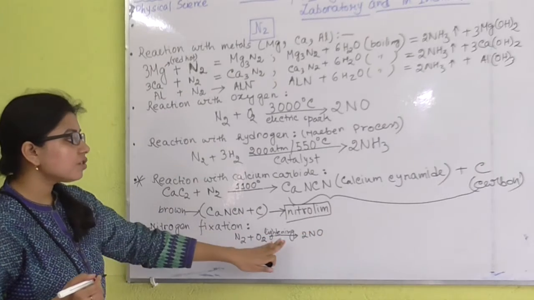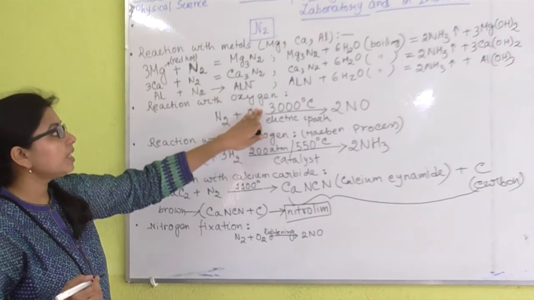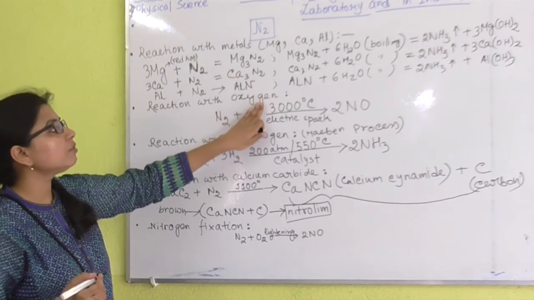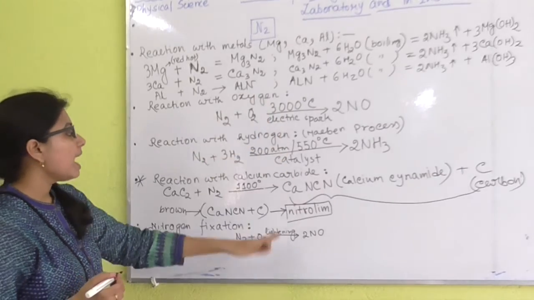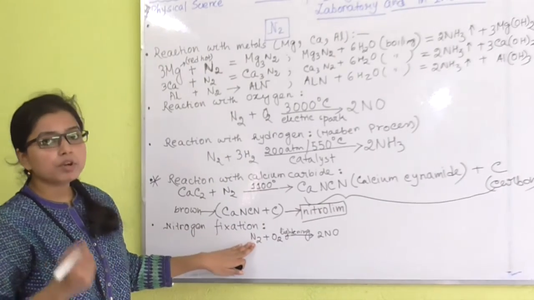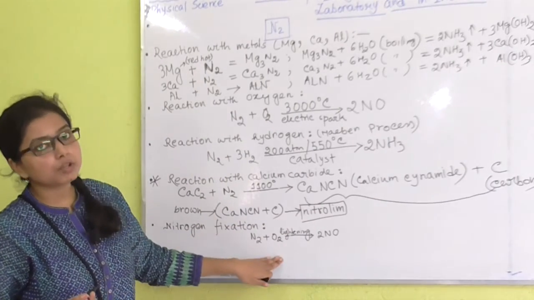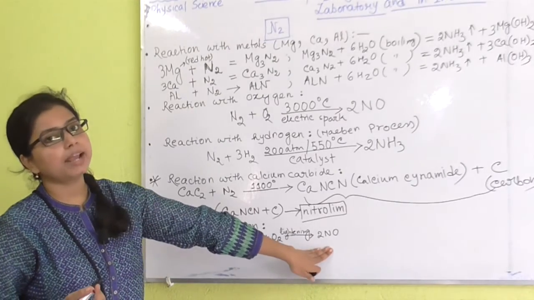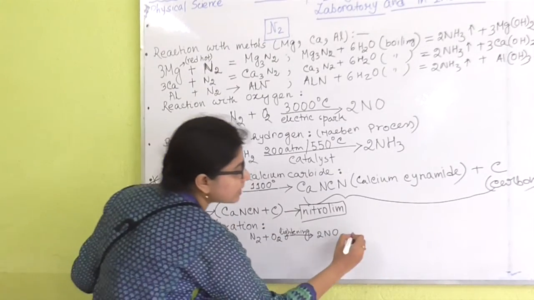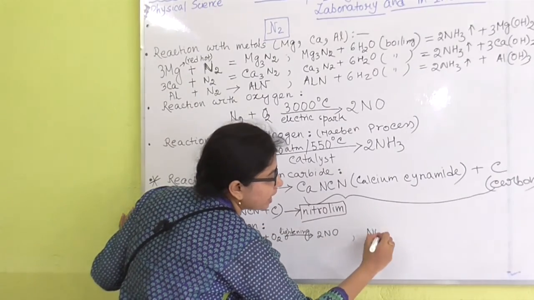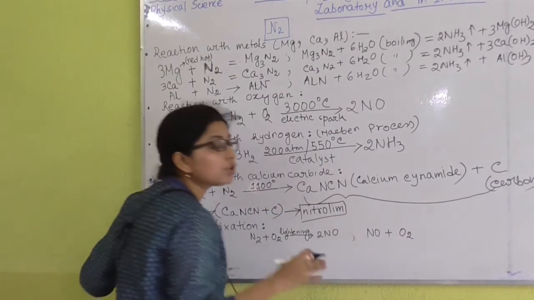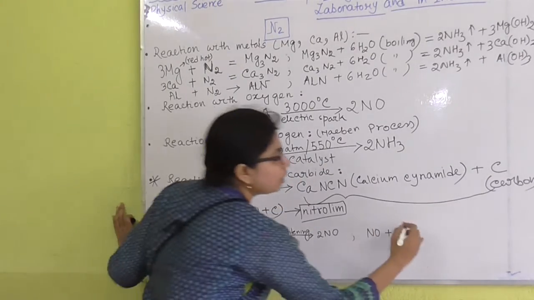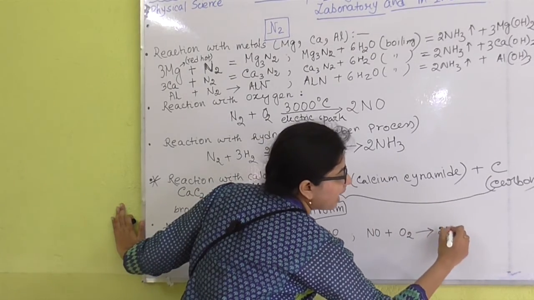Okay, so in presence of lightning this approximately 3000 degree temperature is created, and in this medium the atmospheric nitrogen reacts with atmospheric oxygen to form nitric oxide, and in the next step this nitric oxide reacts with the atmospheric oxygen further to form nitrogen dioxide.